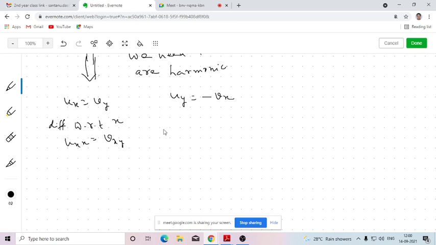Is that clear or not? That means del squared v by del x del y. Del v by del y is a function of x and y both, so if I differentiate it again with respect to x partially, this will be del squared v by del x del y, so vxy.